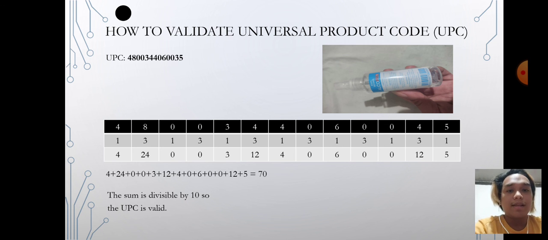Unlike the IMEI earlier, we didn't add the two digits to create one digit. We will just add all the products, and to get this we got 70, which is divisible by 10, so the UPC is valid.